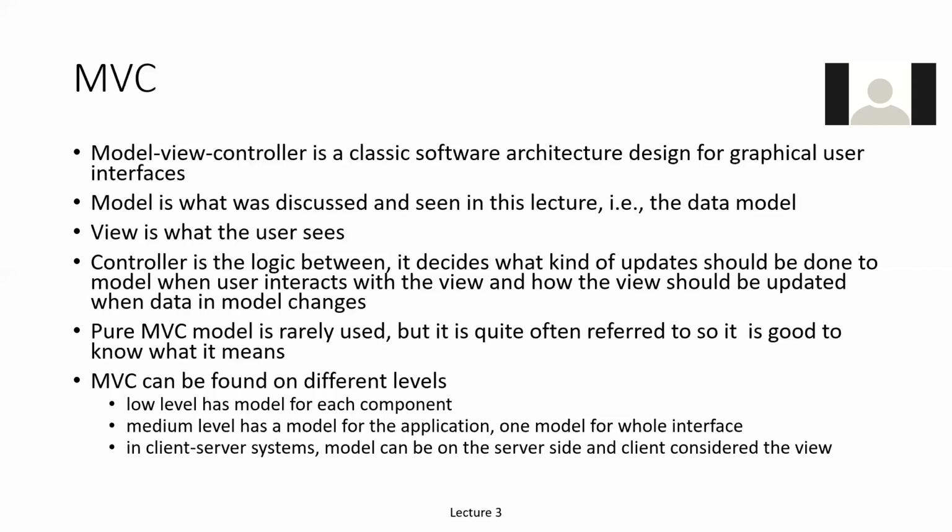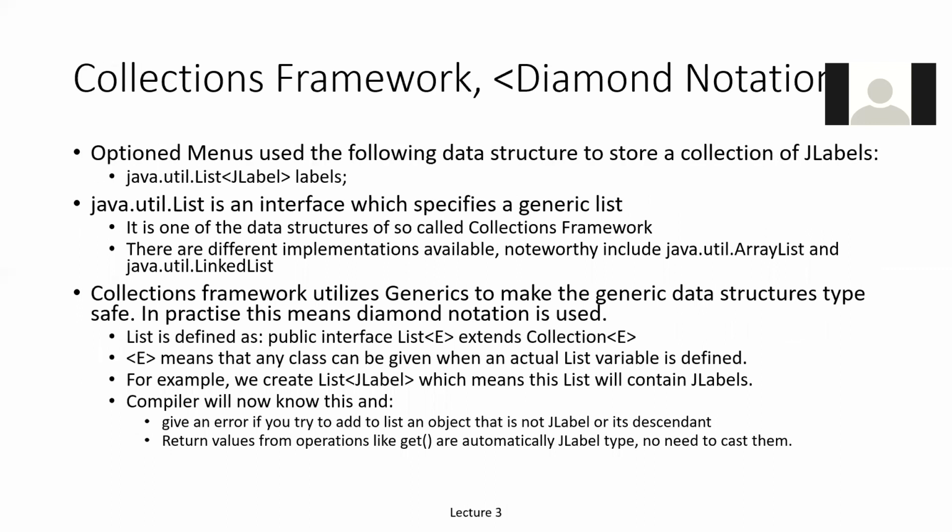Well, let me check this next slide. Because I used this slide from last year: collections framework and diamond notation. Some of my code options menus from time, but I used the Java util list in these examples. I will update this slide before I put it into Moodle.